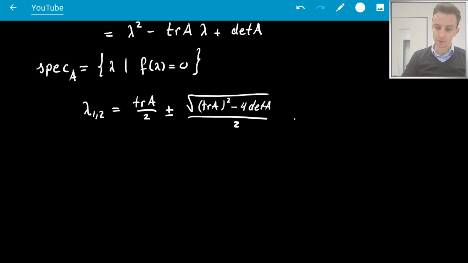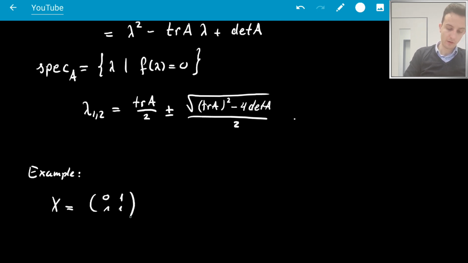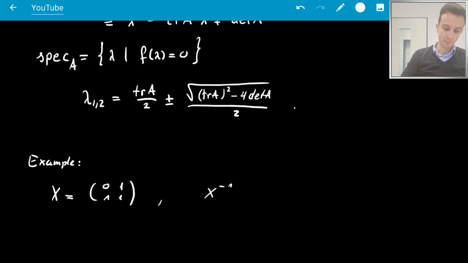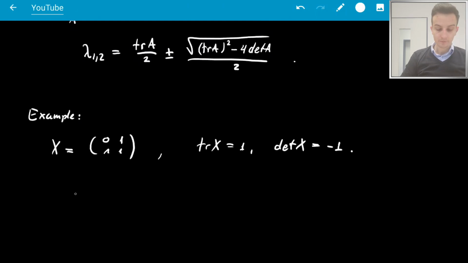I'm thinking of doing a Fibonacci sequence video. So let's do an example. The matrix is x equals 0, 1, 1, 1. So we'll get that x inverse is 1 over the determinant of x. First, okay, let's get the trace: the trace of x is equal to 1, and the determinant of x is minus 1.